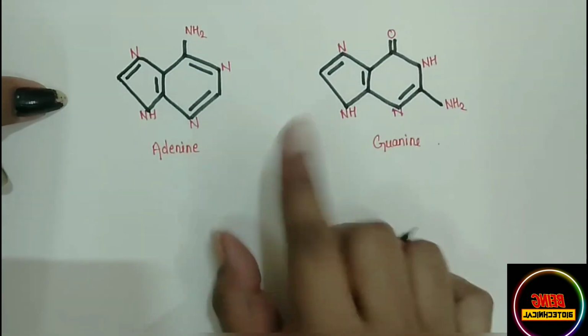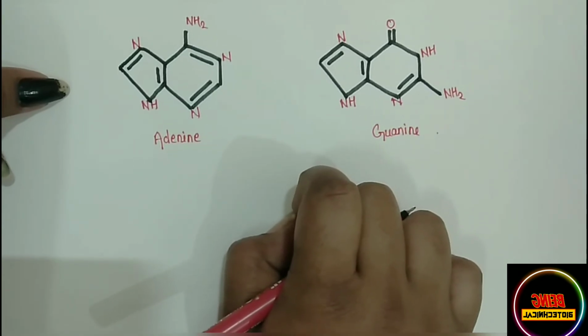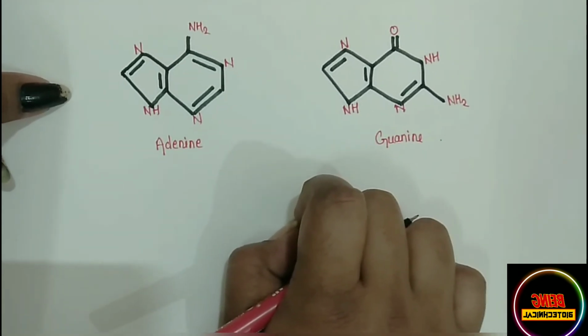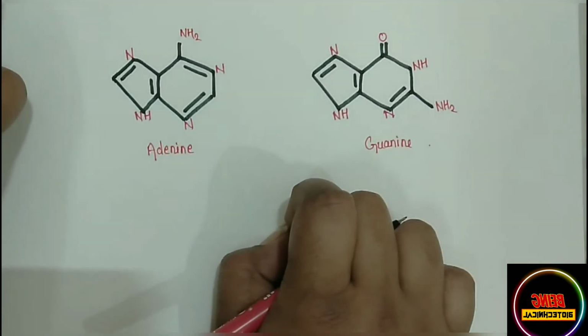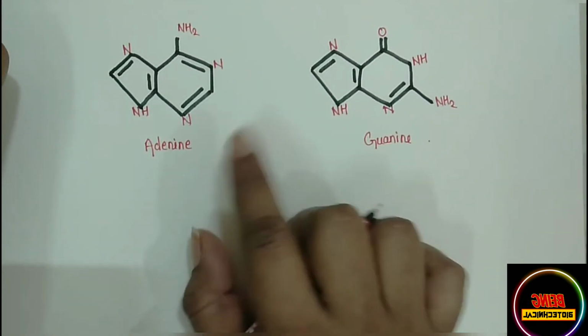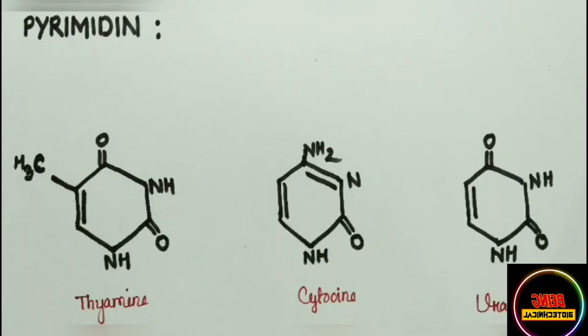I hope you will not forget their structures, but you also need to practice drawing them because only practice can make you perfect. So, moving on to pyrimidine. Pyrimidine has thymine, cytosine and uracil. And the structures of these three components are the easiest ones. So, follow me.